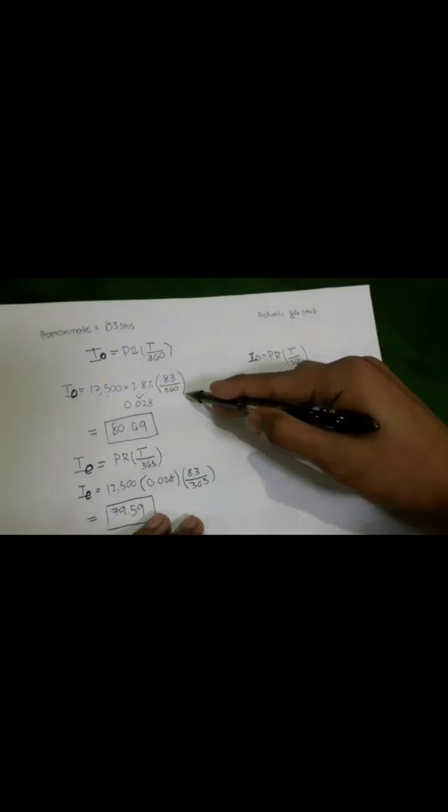So 12,500 times, we copy this. The only difference here is the actual days. 0.028 times 84 days over 360 days for the ordinary interest.